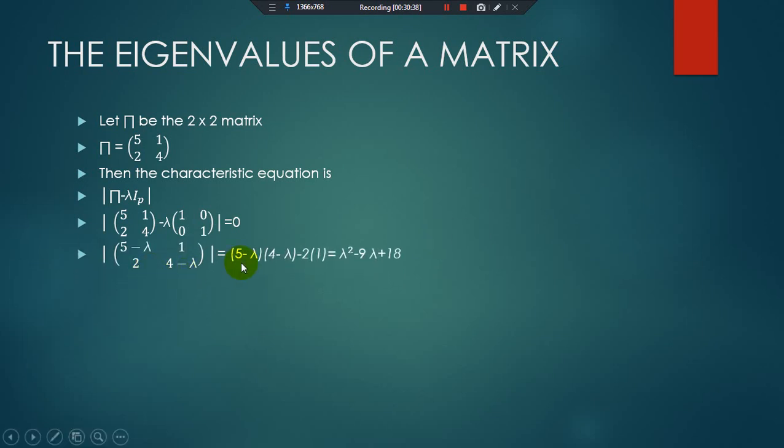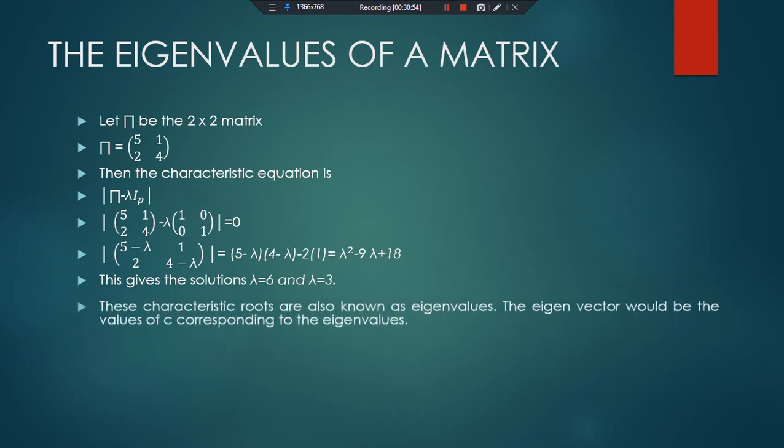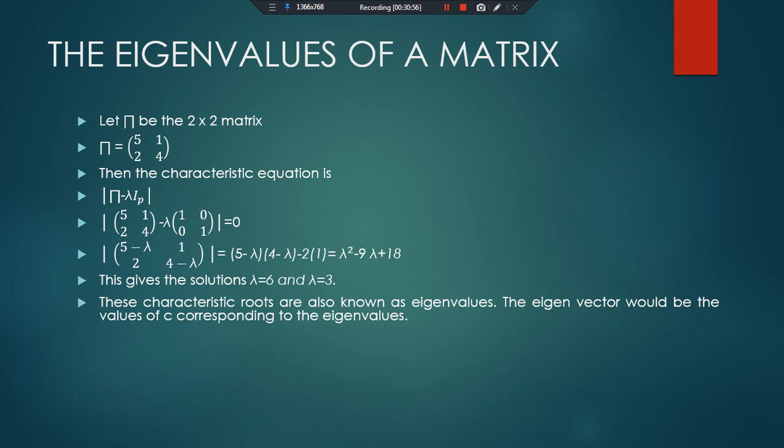With the multiplication process we get lambda square minus 9 lambda plus 18. This gives the solution lambda is equal to 6 and lambda is equal to 3. These characteristic roots are also known as eigenvalues.